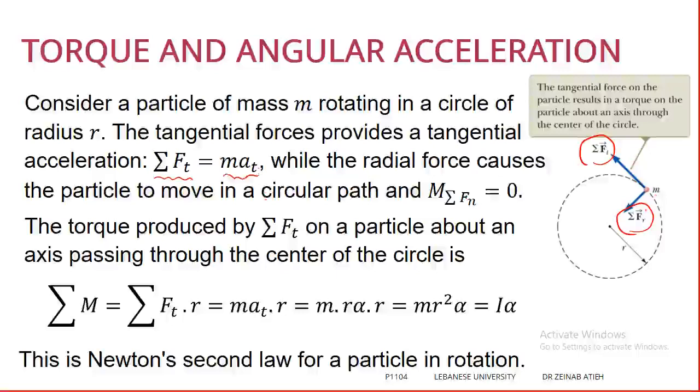And the sum of the normal forces will be equal to m a normal. If I am going to calculate the moment of all the forces, or sum moment of all forces, I will fix this.